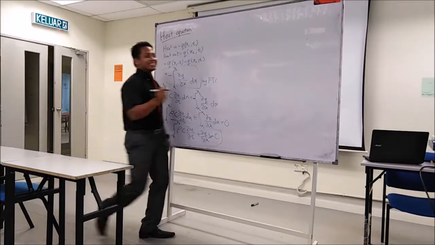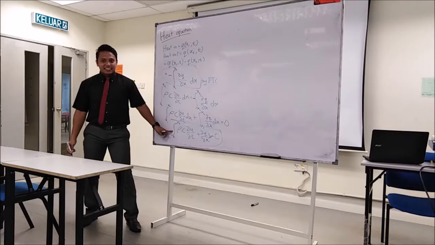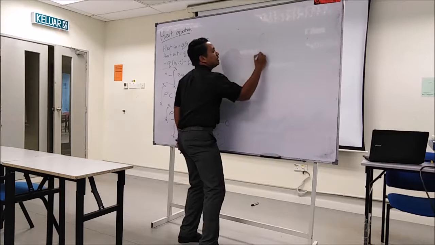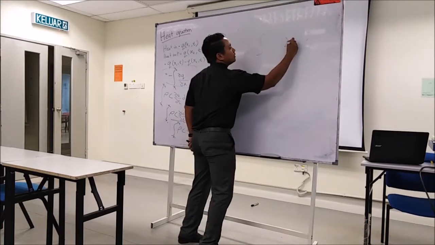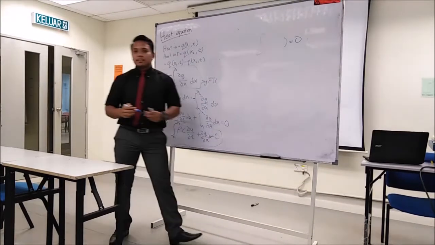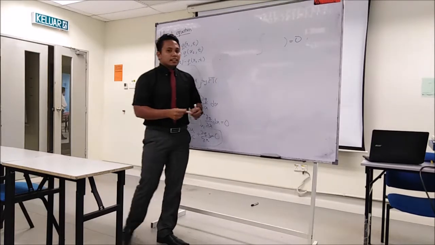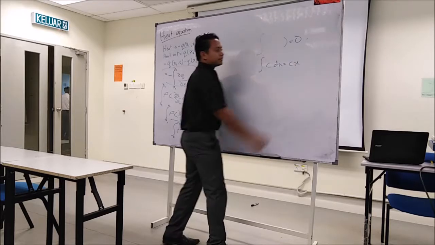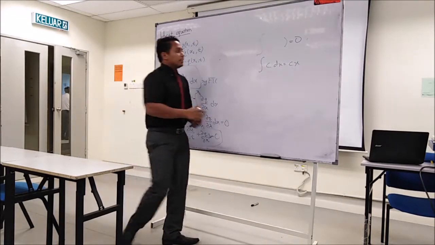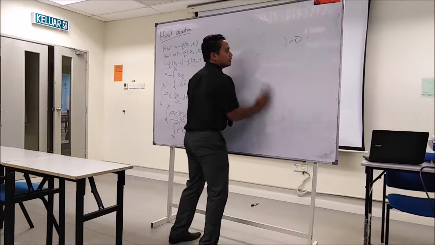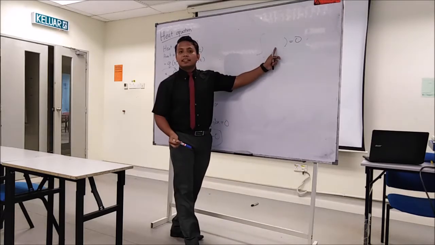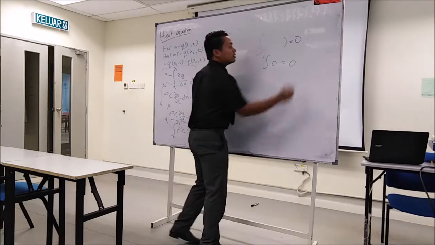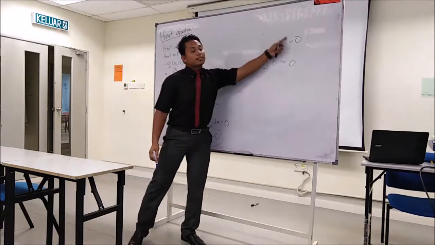For example, this is an integration of something that equals 0. What is that something? It's not a constant C, because the integration of C dx is Cx. The only possible explanation is that this something must be 0, because the integration of 0 is 0. Therefore, this part is 0.